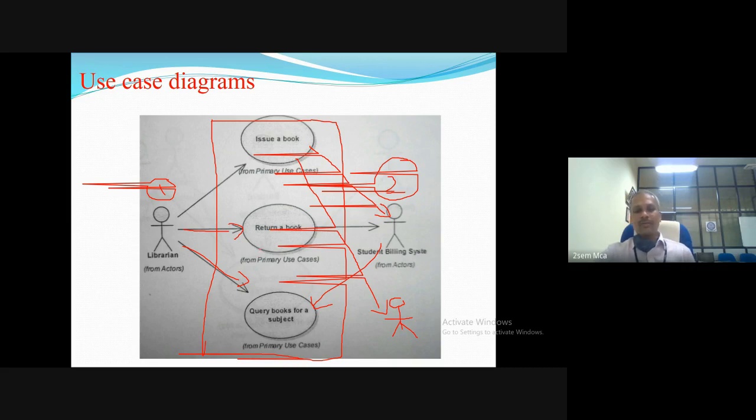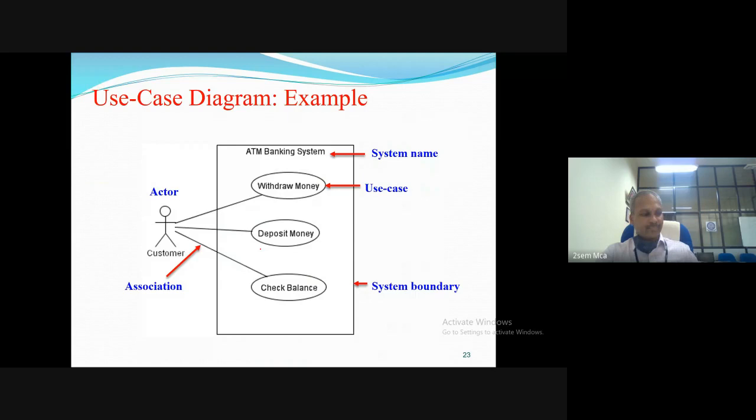Okay. So what you can do now is we'll take an example. Before that, if you have any doubts, please let me know. Do you have any doubts? No, sir. On use case?